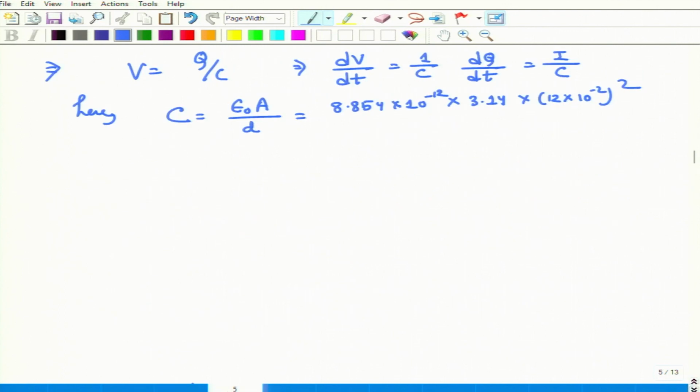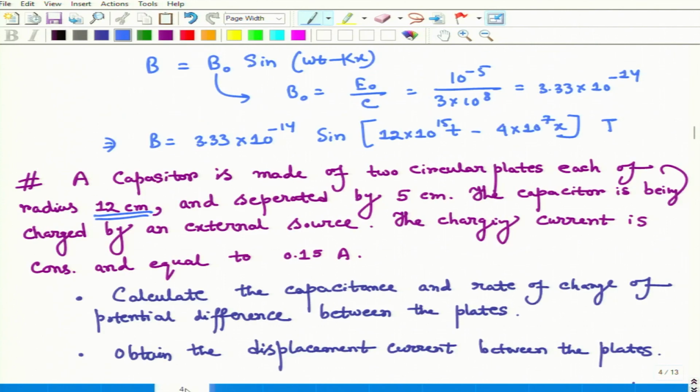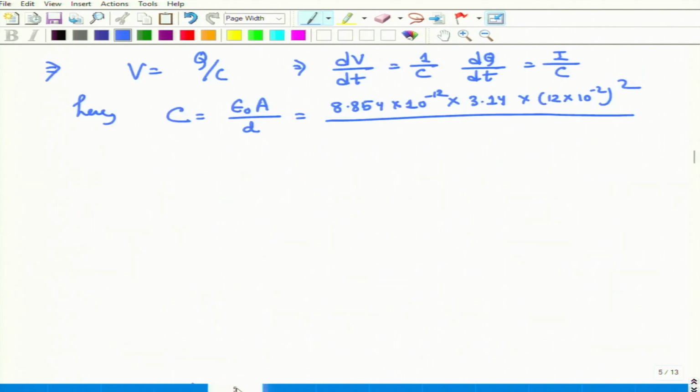And D is also given. A equals pi r squared, where r is given, which is 12 centimeter. Now D will be 5 into 10 to the power minus 2. If we put this value, then we obtain 8 into 10 to the power minus 12. So it is the capacitance C.